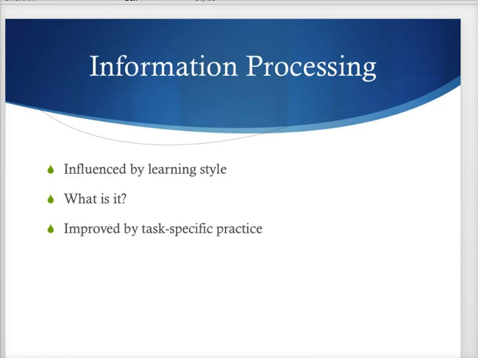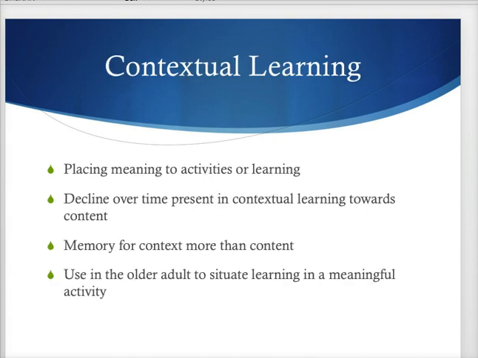Information processing has to do with how an individual receives, retains, and retrieves information, and how they respond emotionally to learning. And this information processing will especially respond to task-specific practice. Contextual learning is important in older adults, as I previously mentioned.